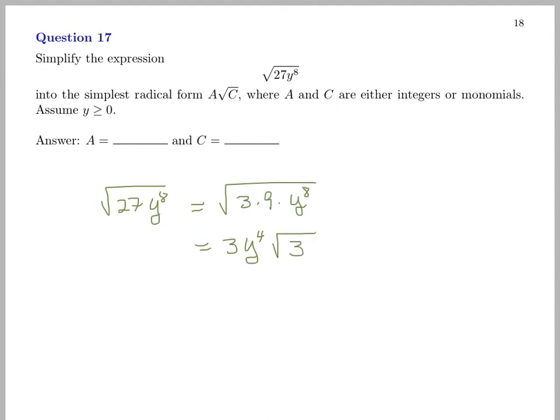And then the only thing that's left inside the square root is the 3. And we're supposed to write it as a square root of c. So a is whatever's outside the square root, so that's 3y to the 4th. And c is whatever's inside the square root, so that's 3.